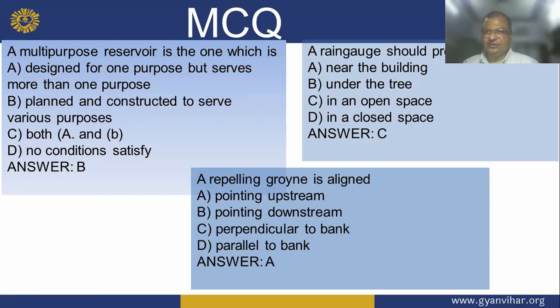A rain gauge should preferably be fixed where? The correct answer is C, in the open space. A ridge line is a line pointing upstream. Which is the correct answer? Correct answer is A.